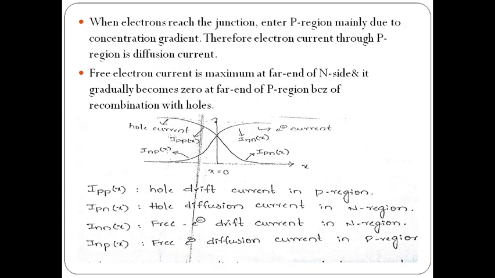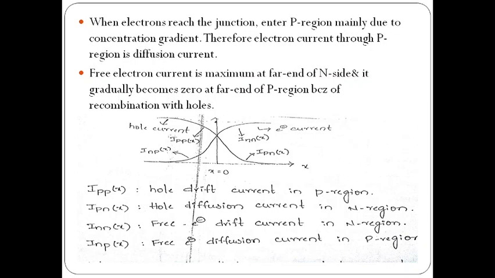Electrons reach the junction and enter the p region mainly due to concentration gradient. Similar to holes, electrons reach the junction at x equals 0 because of drift current.